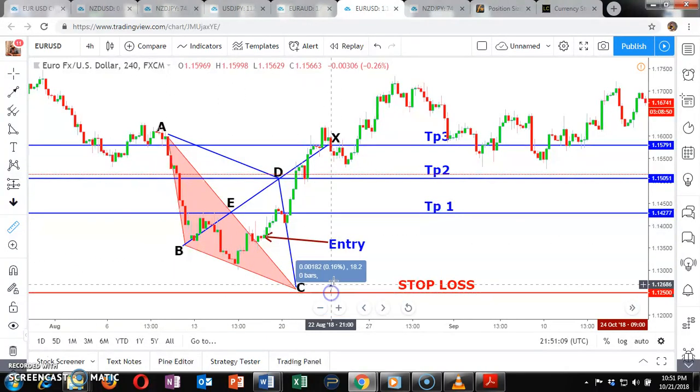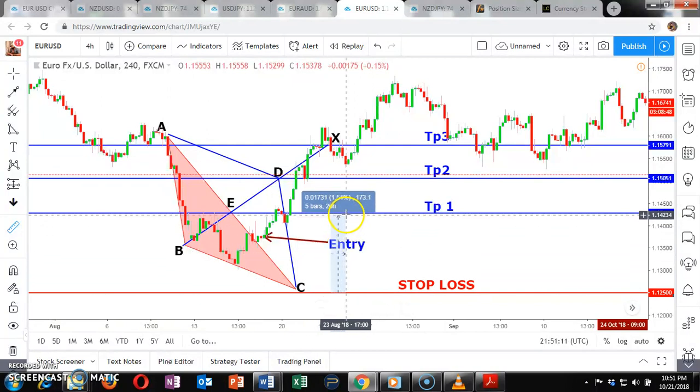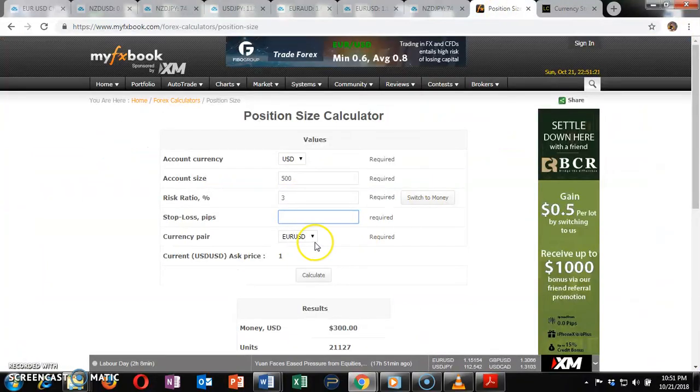So just from here to this point here is 175 pips. Always remember, the digit after the decimal place is insignificant in this particular scenario. So you take 175 and put it here, and the pair is the Euro USD.